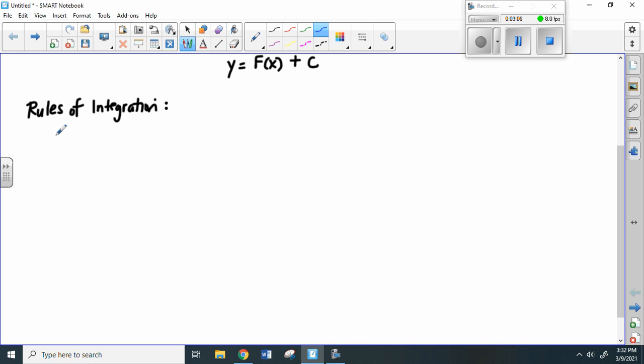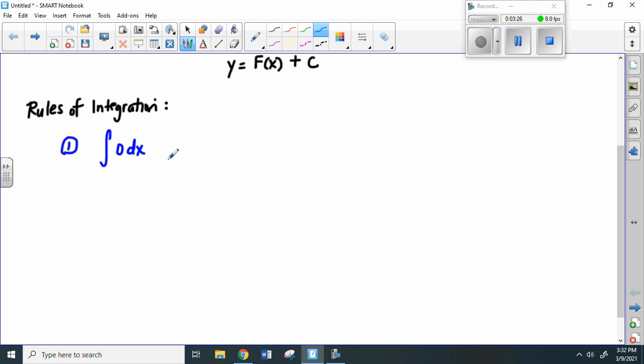Okay, so the first one is the integral of 0 dx, okay? When you integrate, you're thinking about what could I take the derivative of and get 0, and then I need to go backwards from that.